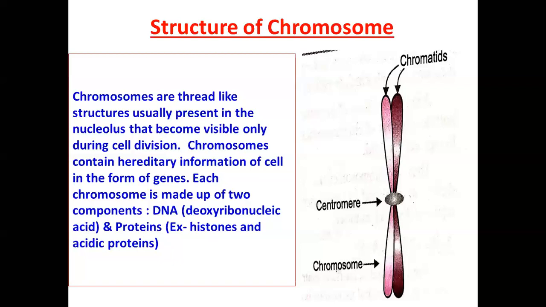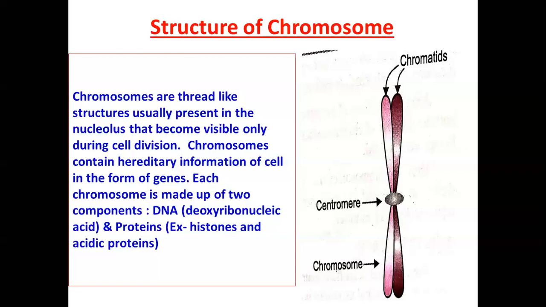Acrocentric: the chromosome in which the centromere is near the end, and consequently one arm is very short and the other arm is very long. Clear? That means this particular centromere will be here, and this part will be very short and the other part will be very long. Such an arrangement is known as an acrocentric chromosome.